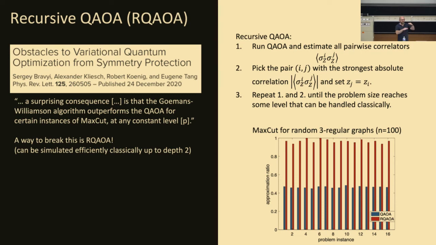So we reach about half of the optimal solution usually, while recursive QAOA gets pretty high and even optimal. So you see this can make a huge difference, adding this recursive scheme. And if you then have recursive QAOA at a higher depth that you cannot simulate classically anymore, that's very interesting to achieve a quantum advantage.